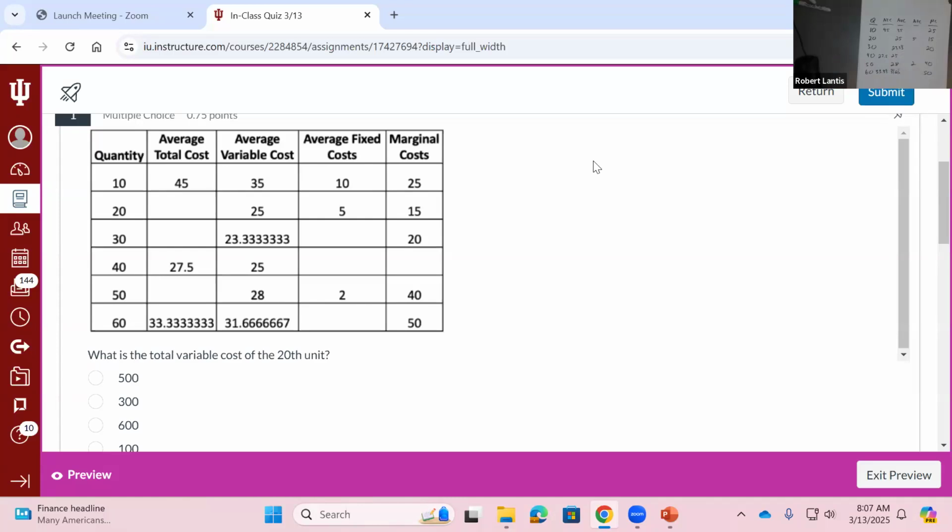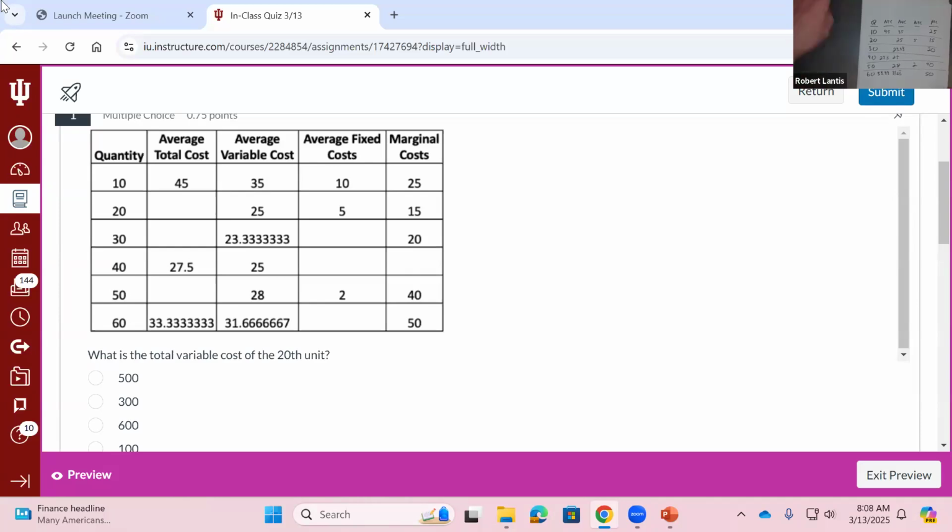So we can start to think about how I can fill out this table. Maybe this helps: here are all the costs associated with these different production levels. The very first question says, what's the total variable cost of that 20th unit?